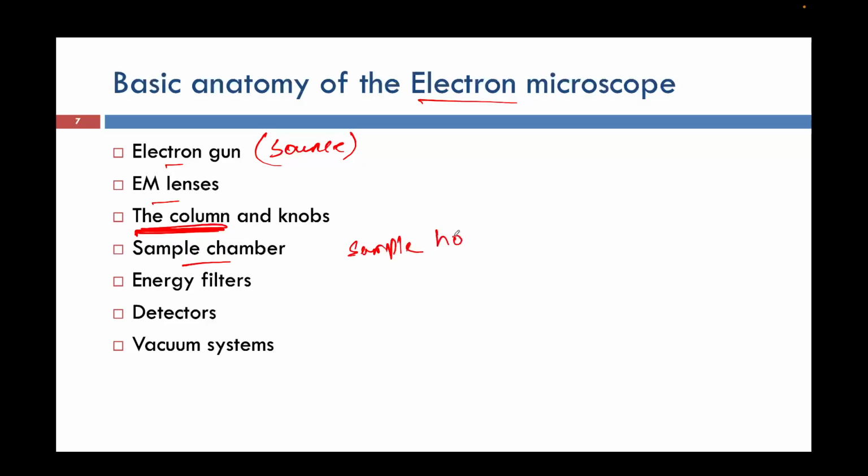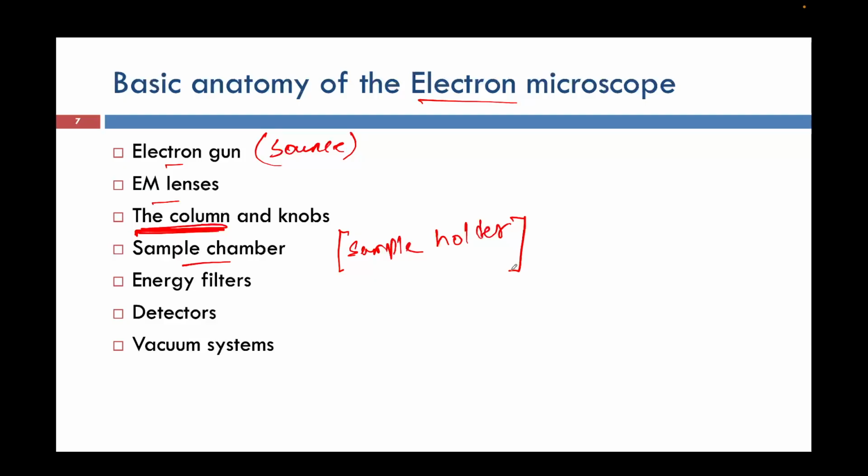We cannot use any type of material here in the transmission electron microscope. The material's dimensions are constrained, so we cannot use any random shape or size. Since it is constrained, we need a specific sample holder. Then come energy filters, which I talked about for electron energy loss spectroscopy.